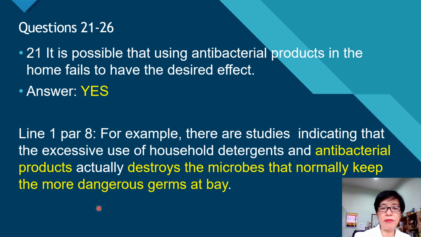But at the same time, we're also destroying the good bacteria that actually prevent the dangerous germs from getting near us. So yes, antibacterial products in the home fail to have the desired effect because they also kill the good bacteria, good microbes.